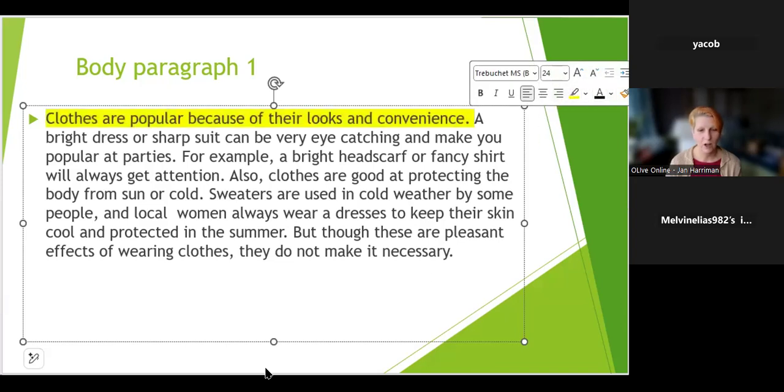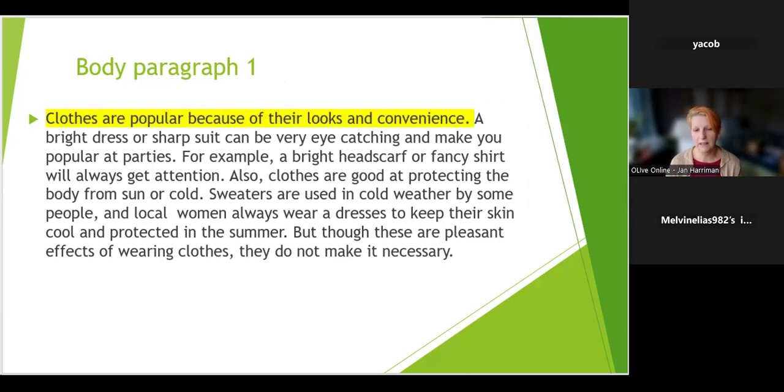Do you think there'll be sentences in this paragraph talking about fashion shows or the fashion trade, or clothing manufacturing? Should there be?